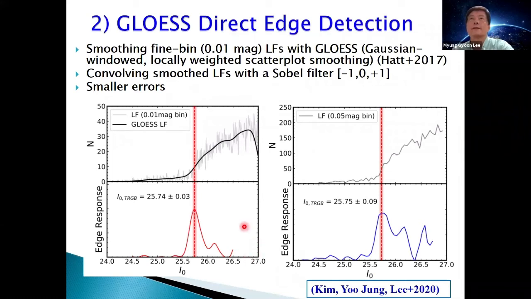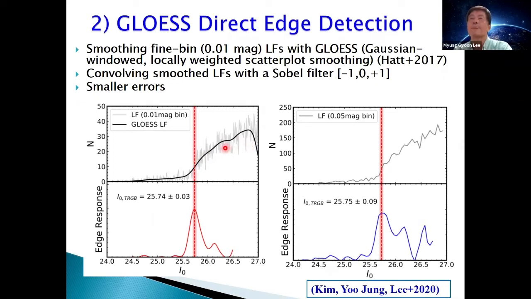But recently, a better method has come, which is called Gaussian-smoothed edge detection. In this case, we smooth the fine luminosity function, of bin size only 0.01 magnitude, with GLOESS. What is GLOESS? Gaussian-windowed locally weighted scatterplot smoothing. So it's kind of a smoothing algorithm. This very fluctuating gray line shows the fine luminosity function, and the smooth line is the GLOESS-smoothed luminosity function.